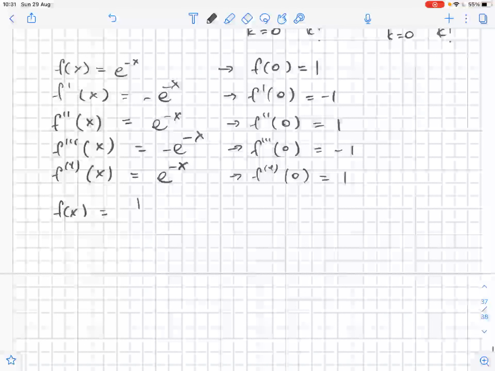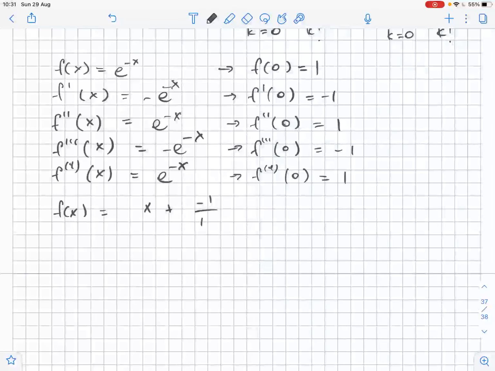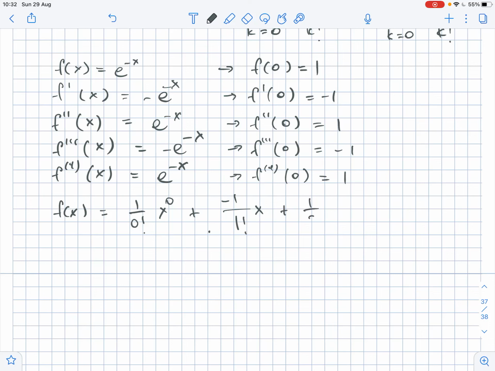Now we just substitute the values to get a polynomial, and we get that f of x equals 1 over 0 factorial times x to the power of 0, plus negative 1 over 1 factorial times x, plus 1 over 2 factorial times x squared, plus negative 1 over 3 factorial times x cubed, plus 1 over 4 factorial times x to the fourth power.